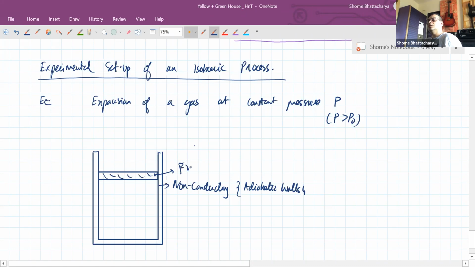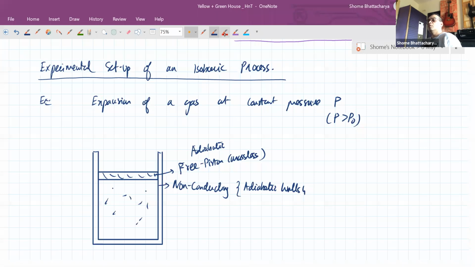So free means the piston can move easily up or down, which is massless. Okay. And that's also adiabatic or non-conducting. Okay. We have a sample of ideal gas inside, but we have a heating element. So you can always supply heat to the gas. Okay. Now this is loaded with some mass, let's say.